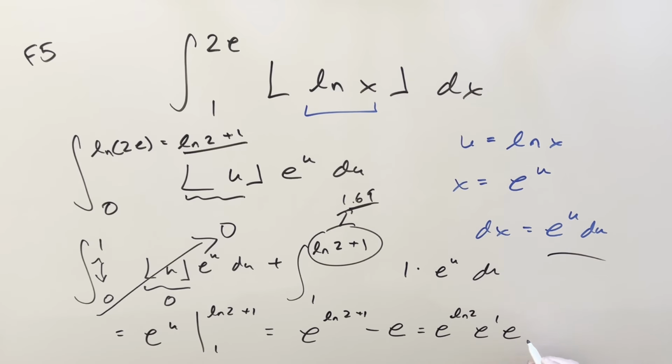Wait, that's not right. We need to subtract that. But e to the ln 2, that's just going to be a 2. Let me erase it so I can save some space. So e to the ln 2 is the same thing as 2. So we just have 2e minus e. Put that together for my final solution. We just get e, and that's it.